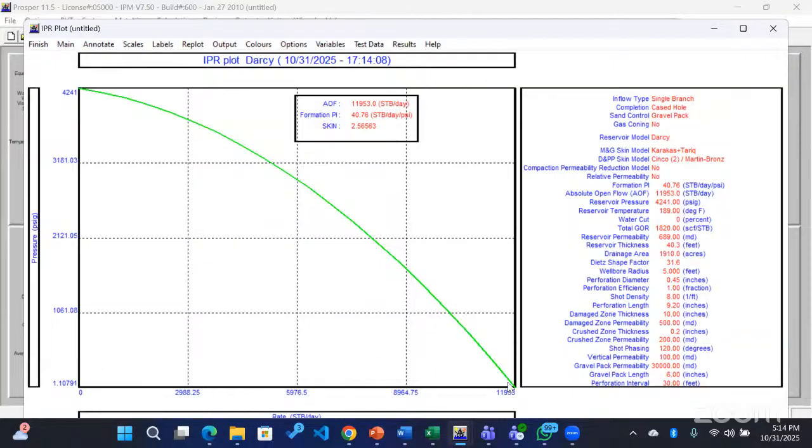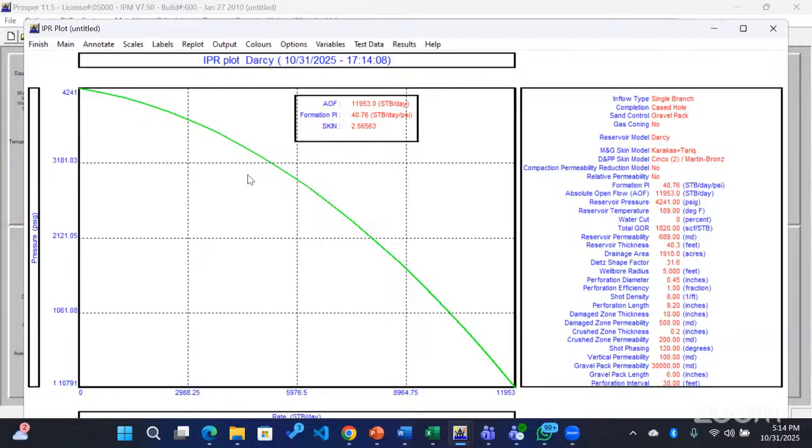So that's our absolute open flow. And then formation productivity index is around 40.7. Skin, yeah, the skin is an issue here because it is signaling that it's damaged because the skin is above zero. Which can be a result of this gravel pack and causing damage around that wellbore.